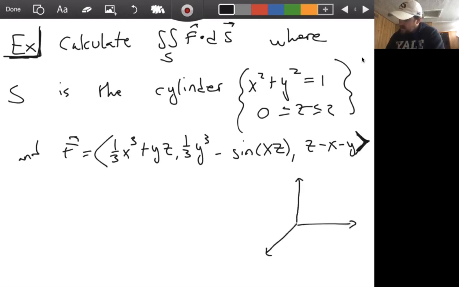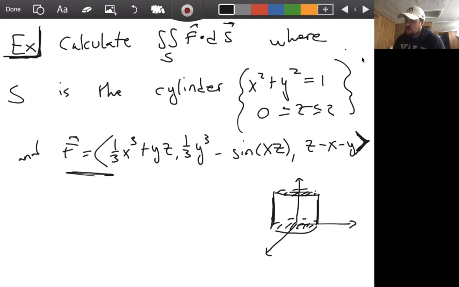We're looking at a cylinder of radius 1 and height 2. This cylinder is going to include the top and the bottom, like a Pringles can with a lid on it. And we want the vector surface integral of this vector field over the cylinder S.